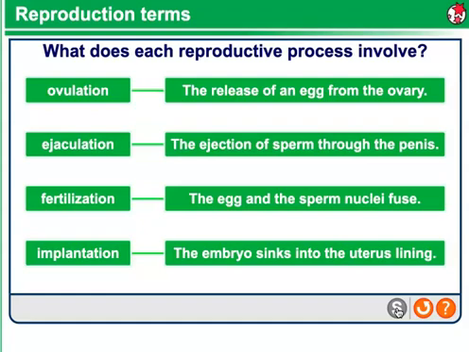Ovulation involves the release of an egg from the ovary. Ejaculation involves the ejection of sperm through the penis. Fertilization includes the egg and the sperm nuclei fusing. And implantation is when the embryo sinks into the uterus lining.